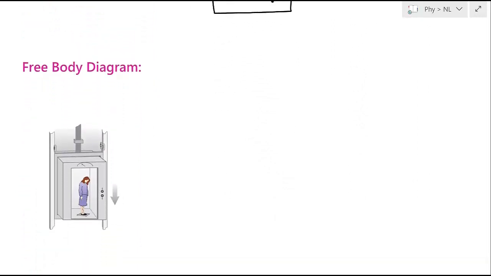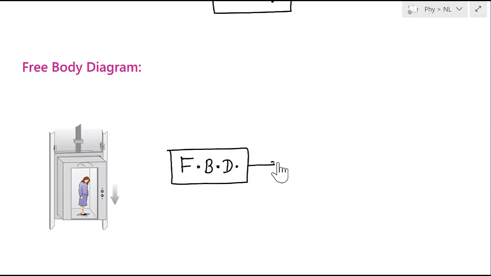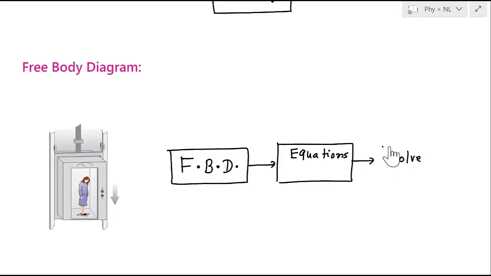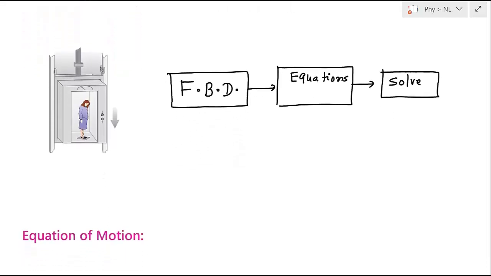You have the elevator, and you can draw the free body diagram of the woman, and once you have the free body diagram you can apply Newton's second law. So the first step is drawing the free body diagram, then you apply Newton's second law and write the equations. Once you have the equation, you can solve it and get the normal reaction. In this case, you have only one unknown, the normal reaction, so you require only one equation. Let us first draw this free body diagram and then we can write the equations.